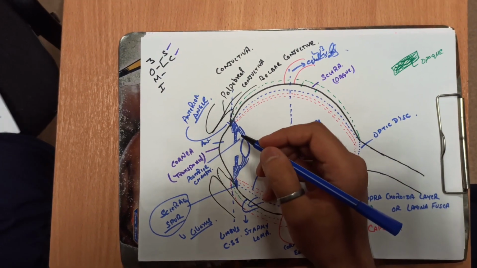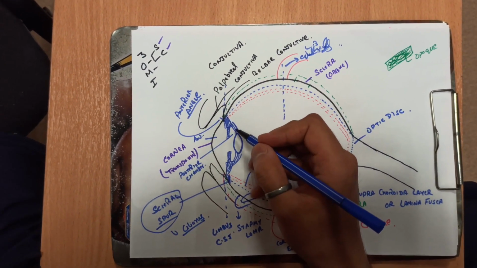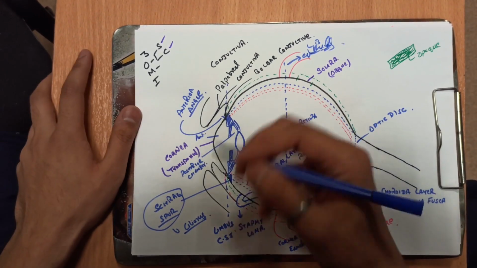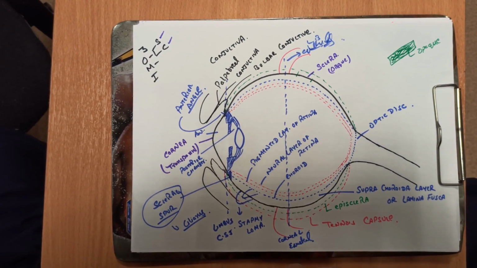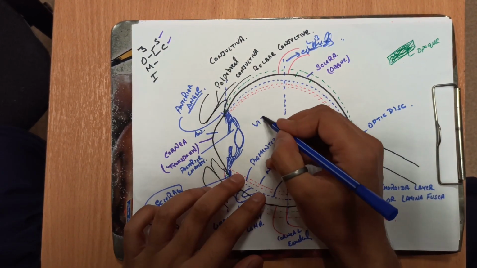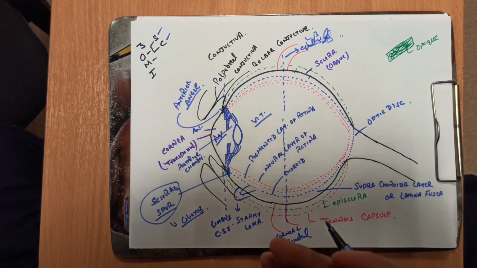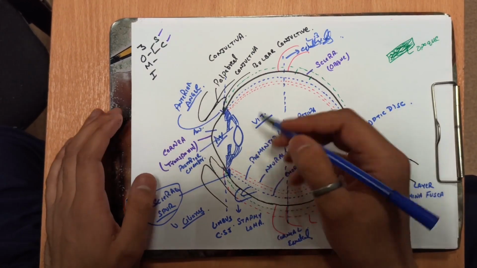Now it must be noted that in between the anterior and the posterior chamber, as I have already told you, here is the aqueous humor and here is the vitreous humor. Aqueous humor continuously keeps on replenishing, whereas vitreous humor cannot be replaced. Aqueous humor is replaced within a tendency of about 2 to 3 hours. It is replaced turn by turn.